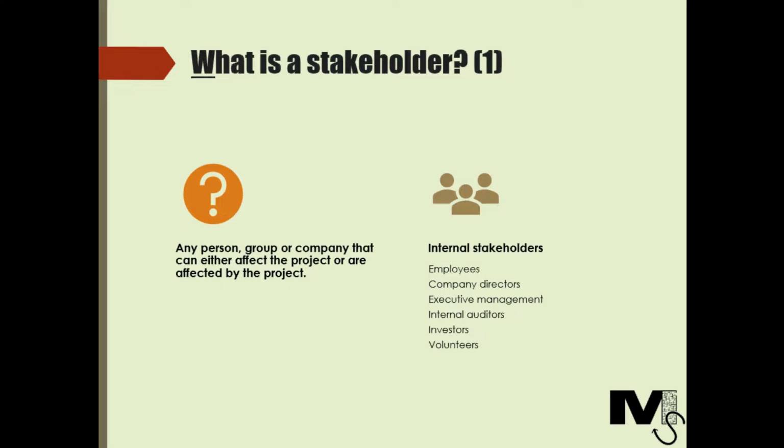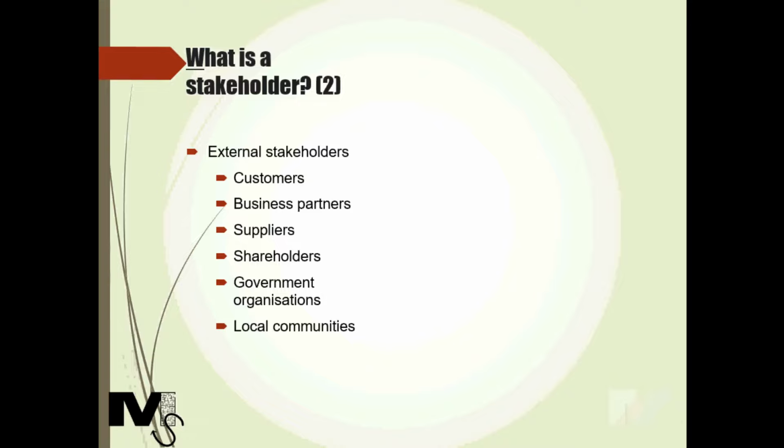Now, internal stakeholders are people who are within the business or are closely associated with the success or the failure of the business. These can include employees, company directors, executive management, internal auditors, investors, volunteers, etc. External stakeholders are people who don't directly work for the company but might work with the company indirectly in some other way or might be affected by the company.